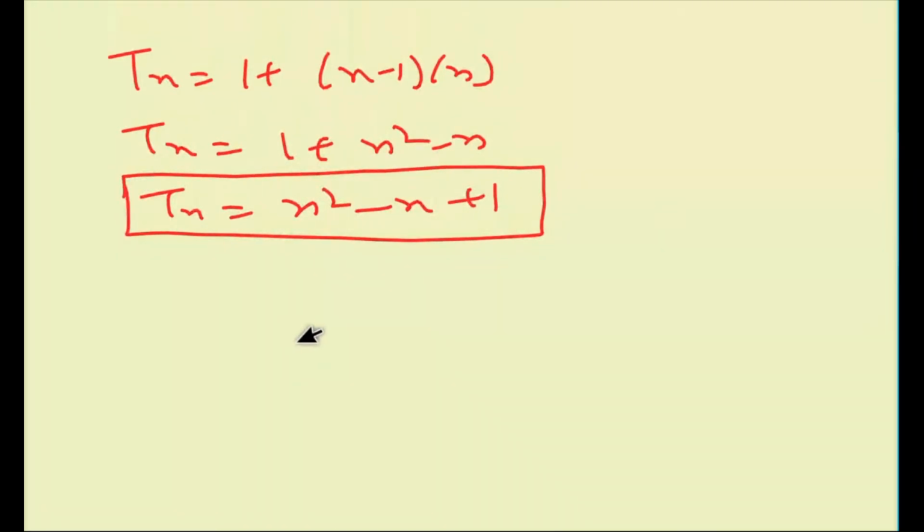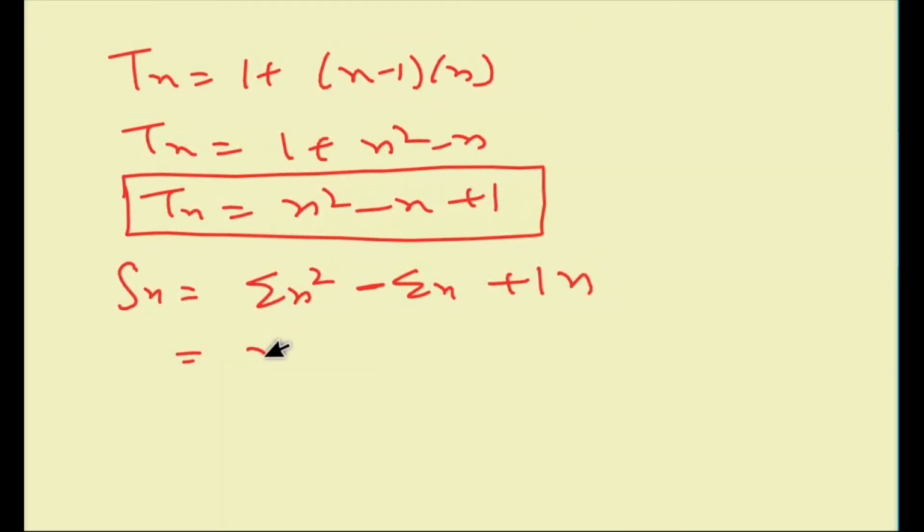And now we have to find out the sum of n terms. So using the sigma n square, sigma n cube formulas, as you have already learned in the previous video, if you don't know the formulas of sigma n square, sigma n cube, first go to that video. So Sn we can directly find as sigma n square, minus sigma n, plus sigma 1, which is n.